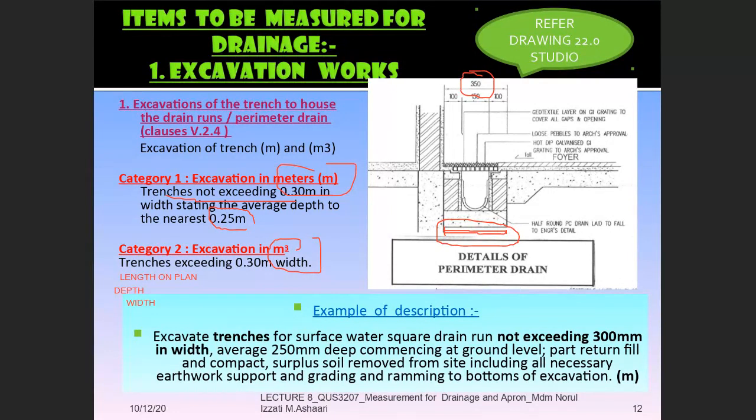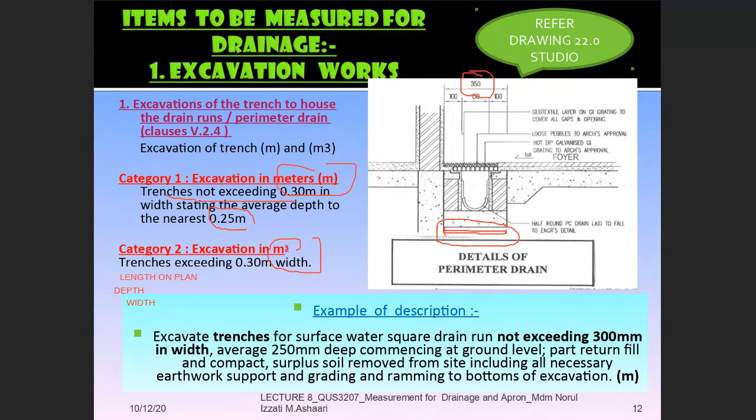You can refer to section D. Can you refer to section D.12.9? This is the most important principle. I purposely did not write it here because I would like you to refer to it. Refer to D.12.9: excavating trenches to receive service pipe, cable, and the like. Every time you see the words service pipe, it means services, including the drainage.